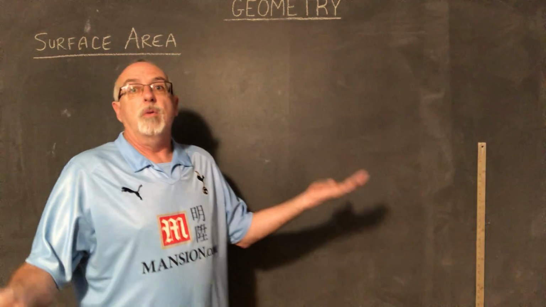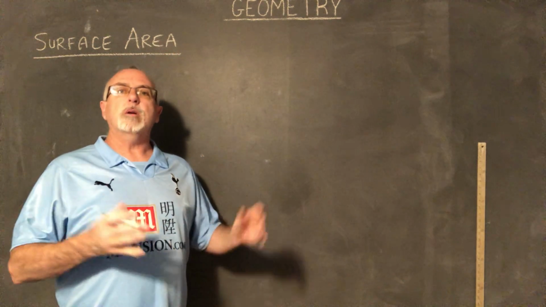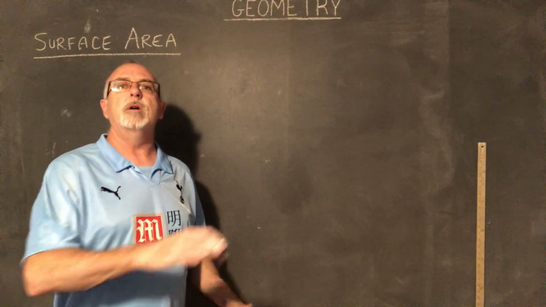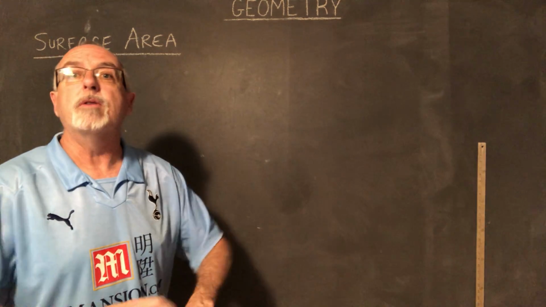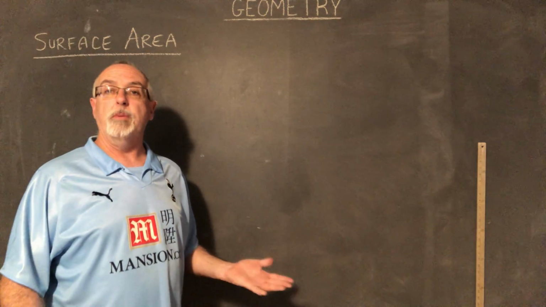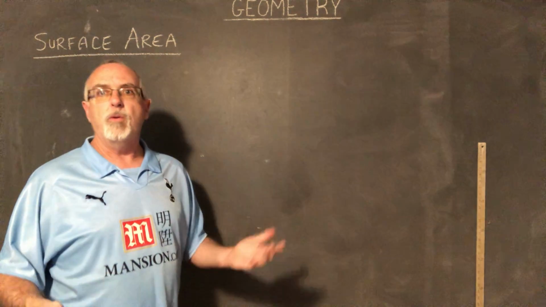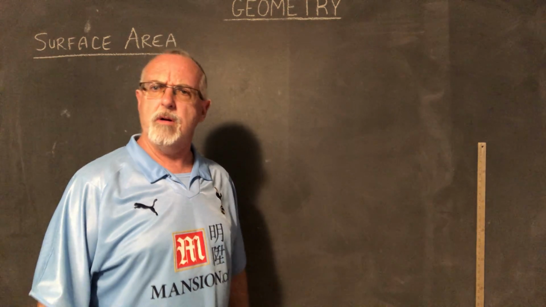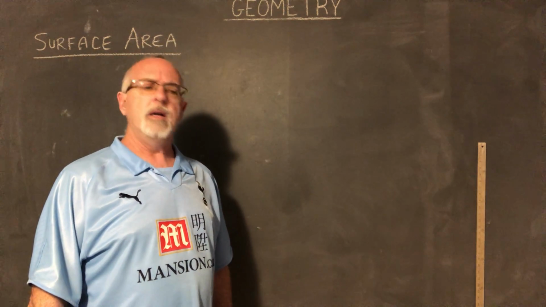You can even have a box with no bottom, I guess. But let's talk about boxes that are rectangular prisms where you have a top, you have a bottom, you have cardboard on all of the faces of the box. So if we calculate the surface area of a box, we're calculating the area of cardboard that we would need to make that box.